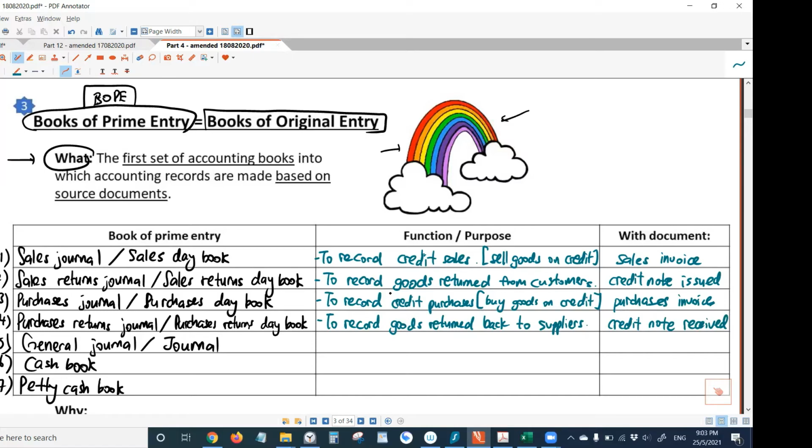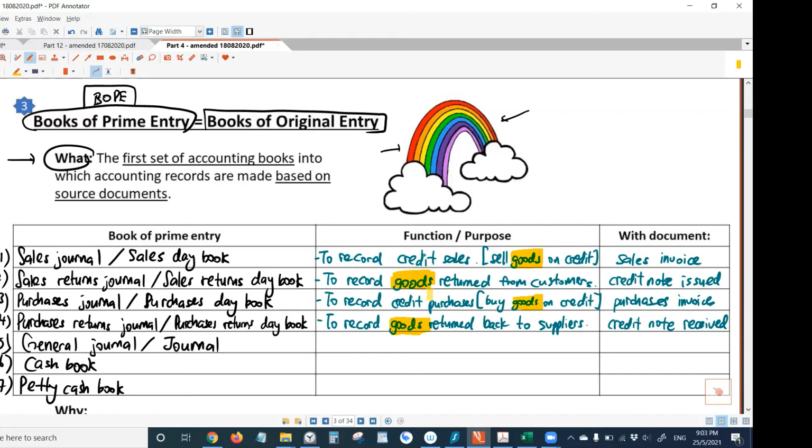Okay, one thing to notice: the first four books of prime entry all refer to goods. When you buy NCA on credit, you never record into the first four books of prime entry.